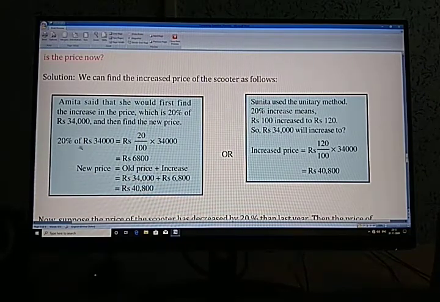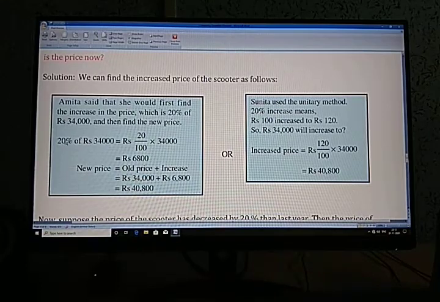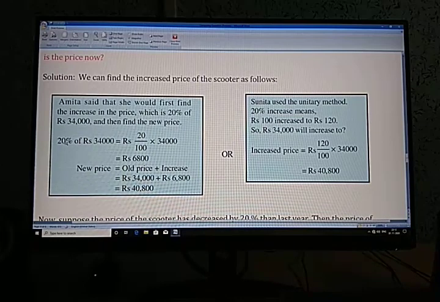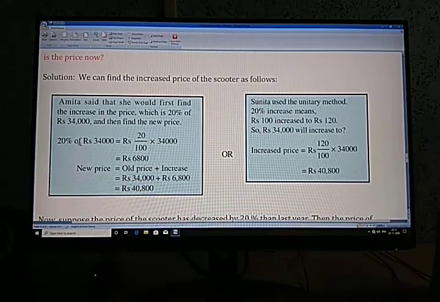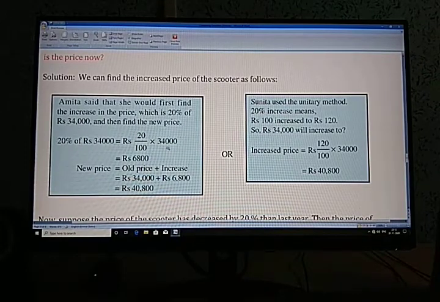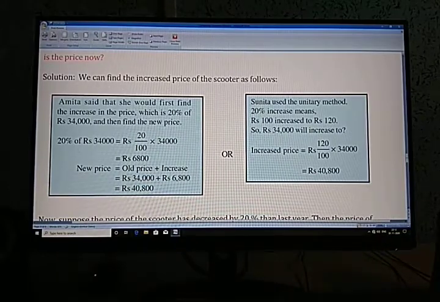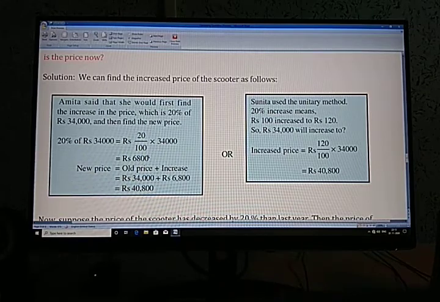As soon as percent is given, it is known that it will be 20 by 100. Of means multiplication, as I have said earlier, and then the rest is the same, 34,000. After calculation we get rupees 6,800. This is the amount that has increased, or we can say this is the 20% of 34,000.